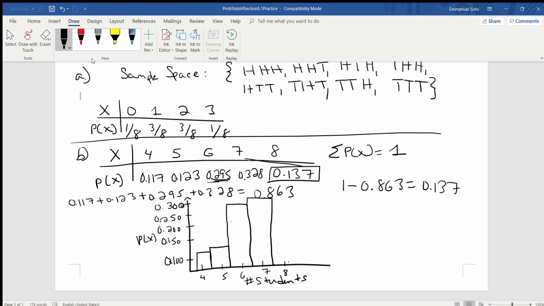And then the last one is 8, 0.137, so above this guy. And there's my probability distribution. Alright, so in this case, I have to adjust the values, but that's fine. Sometimes you got to find the scale that works for you. And in this case, we went by 0.05s. Alright. And that's it, guys.